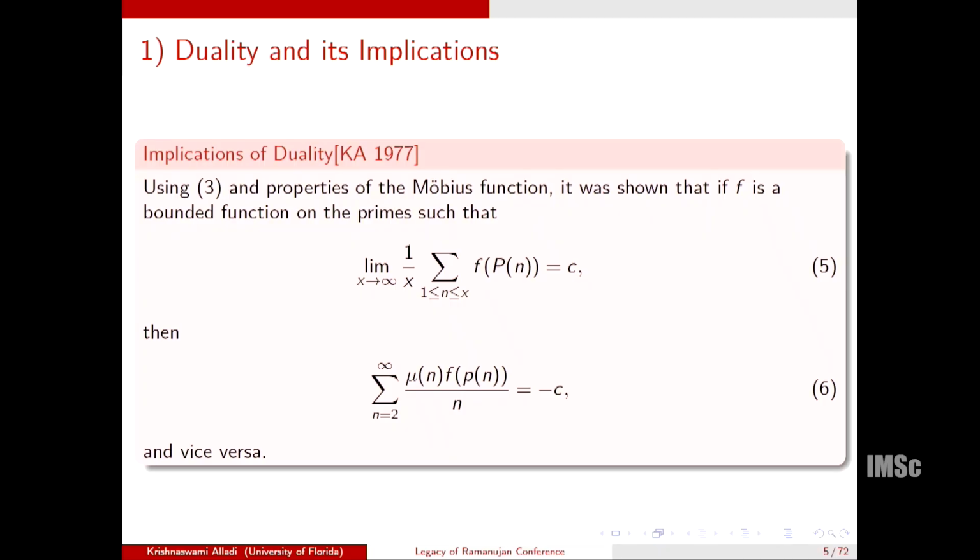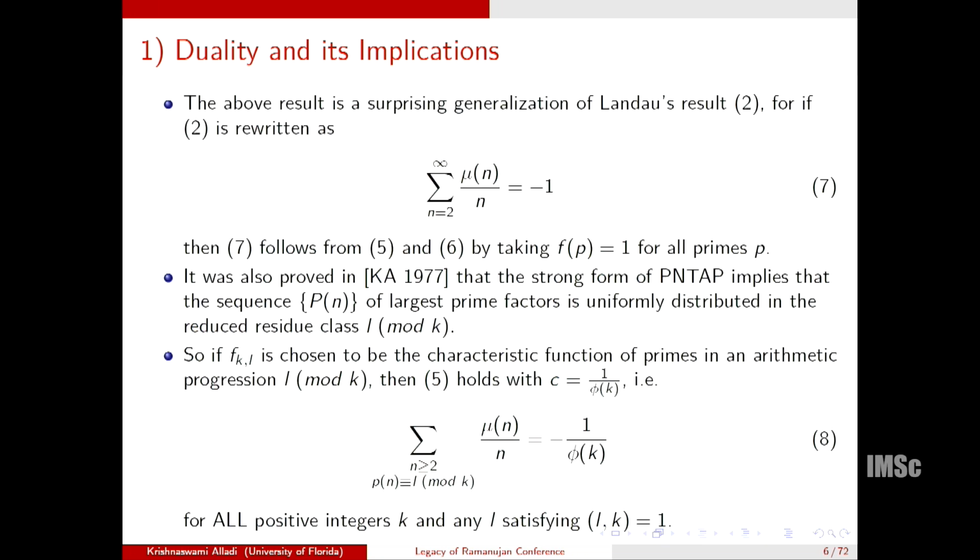Choose your function f on the primes to be identically 1. Then obviously the average is 1. So c is 1. And that means the sum in 6, mu of n over n from 2 to infinity is minus 1. So that's Landau's result. So my result here is a very broad generalization of Landau's theorem. Okay, so I was quite excited when I got this.